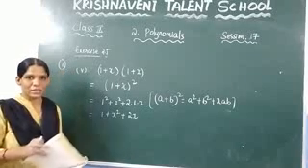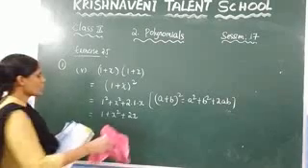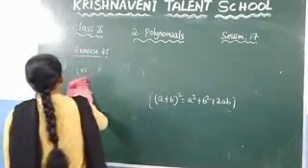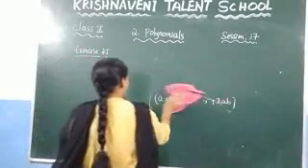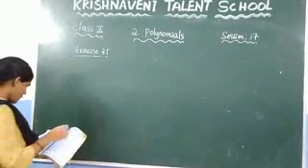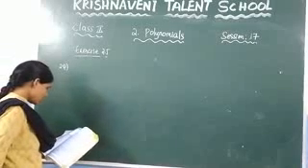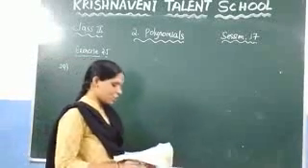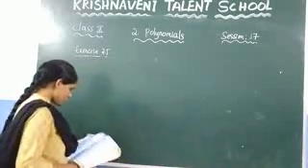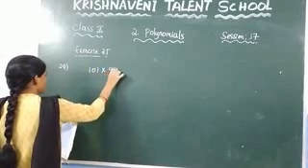So here now see the second question in this. What is the second problem they have given? Evaluate the following products without actual multiplication. In that see the first question, which is 101 into 99.